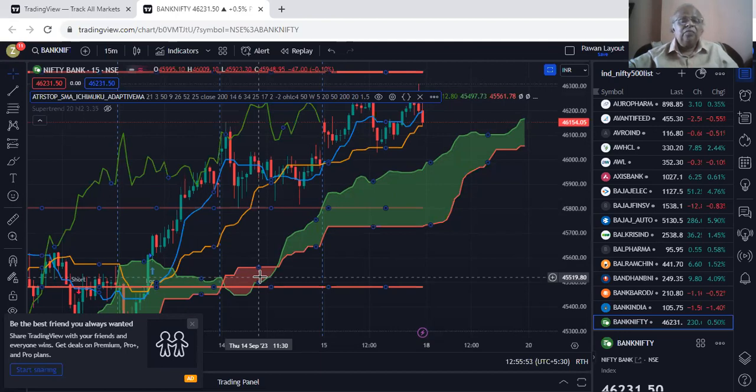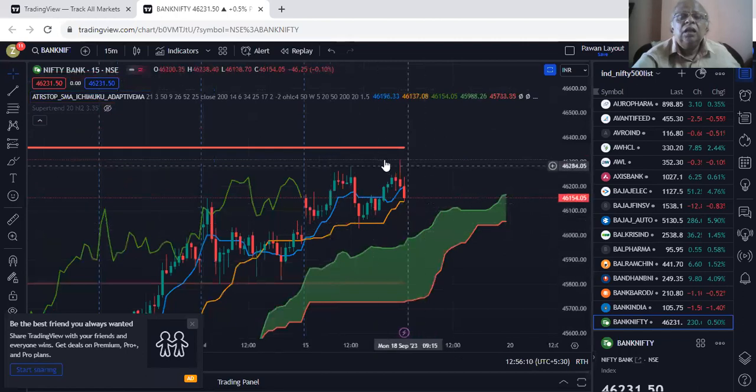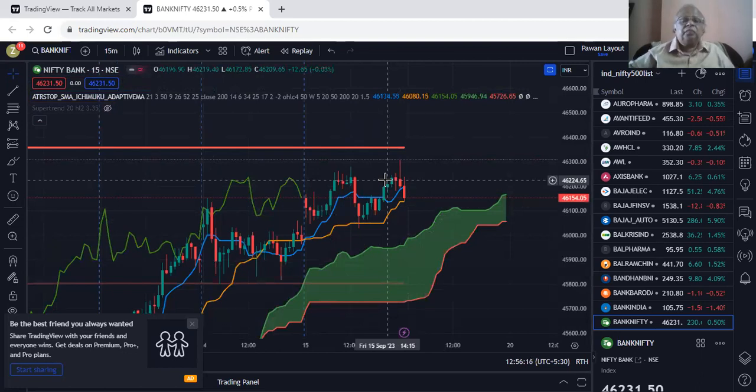Suppose I am taking the chart of Bank Nifty right now for analysis. Here, just see, the price is trading above the cloud. So it is said that the index is in the bullish phase and short entry should be avoided.